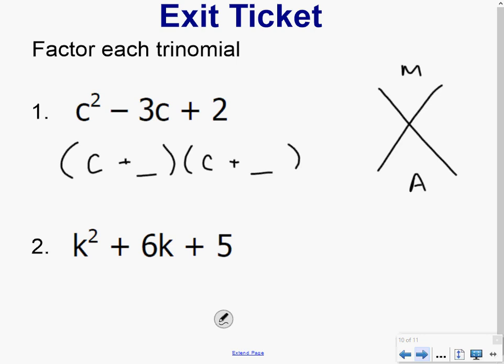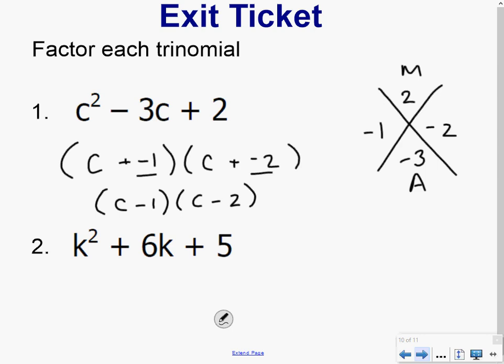Remember, like in the warm-up, if I have two numbers that multiply to a positive but add to a negative, that means both of my numbers have to be negative, because two negatives, when multiplied, make a positive. So the only way that I could make a positive 2 with two negative numbers is if I do negative 1 times negative 2. Conveniently, they both add up to make a negative 3. And then we can just change this so that it's C minus 1 times C minus 2.